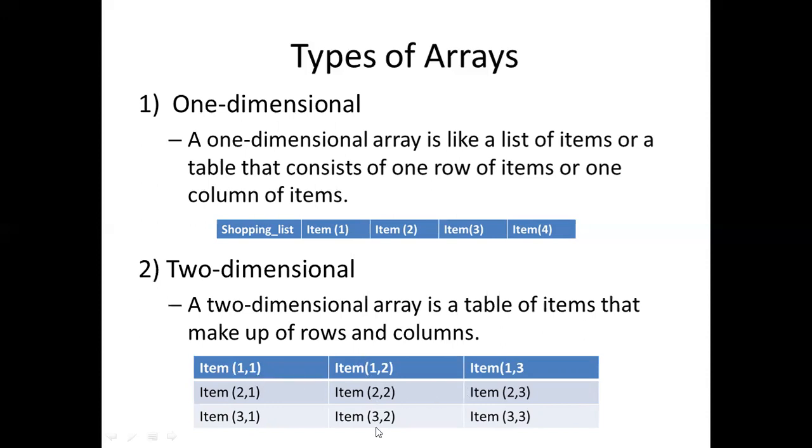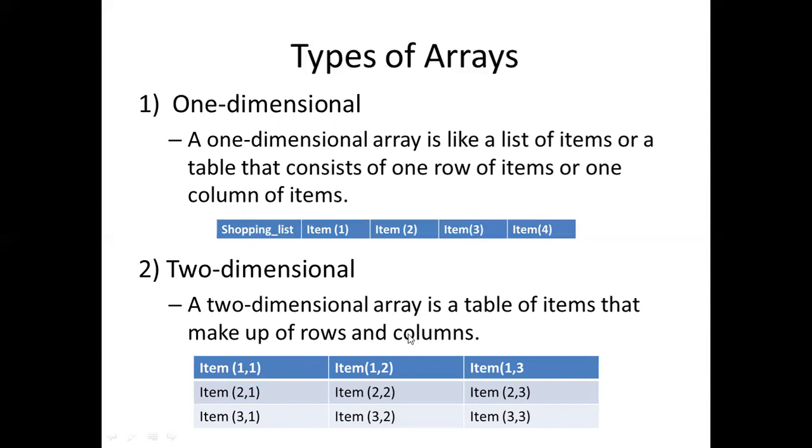You have 1, 2, 3 rows, and you have 1, 2, 3 columns. So what you see inside here, the numbers, are called subscripts.